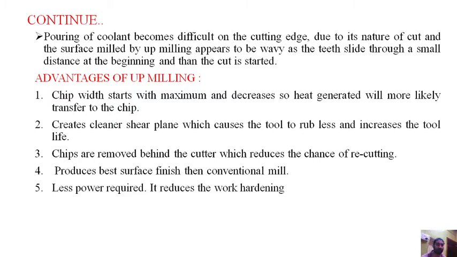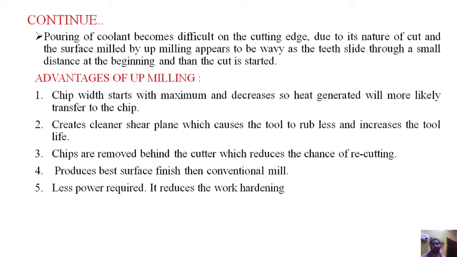Okay. The advantages of up milling: the chip width starts from maximum and decreases. Heat generated is more likely to be transferred to the chip. In the case of up milling, because the chip thickness increases from 0 to maximum, all the heat is transferred to the chip.